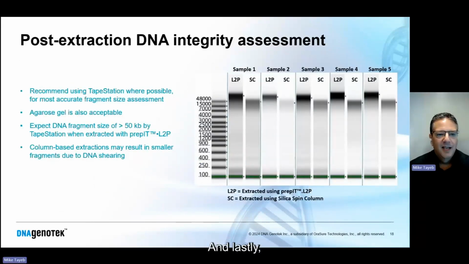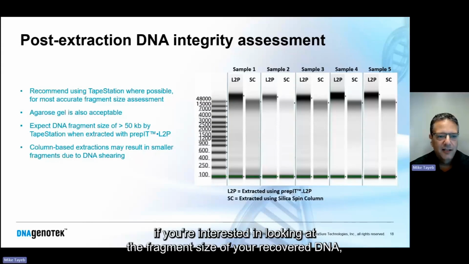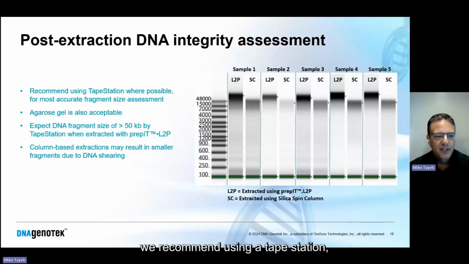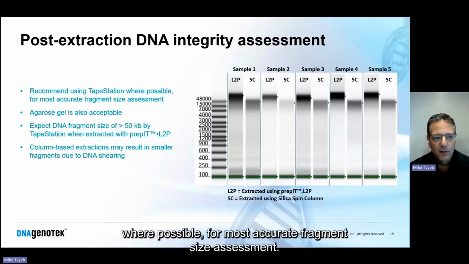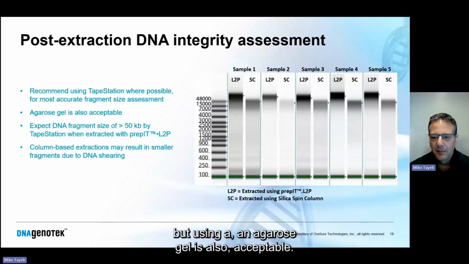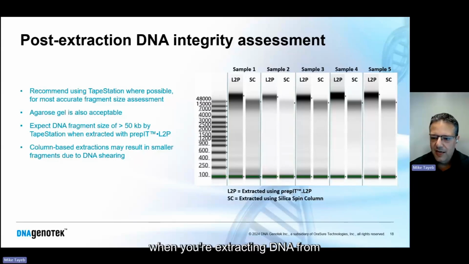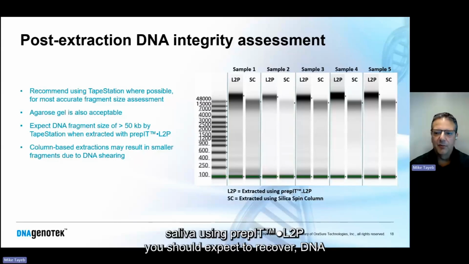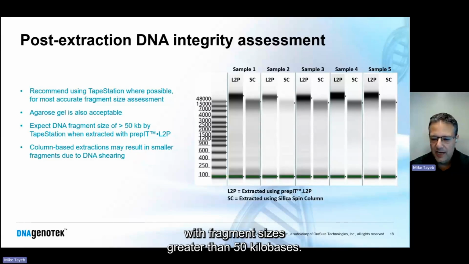And lastly, if you're interested in looking at the fragment size of your recovered DNA, we recommend using a TapeStation where possible for most accurate fragment size assessment, but using an agarose gel is also acceptable. When you're extracting DNA from saliva using prepIT L2P, you should expect to recover DNA with fragment sizes greater than 50 kilobases.